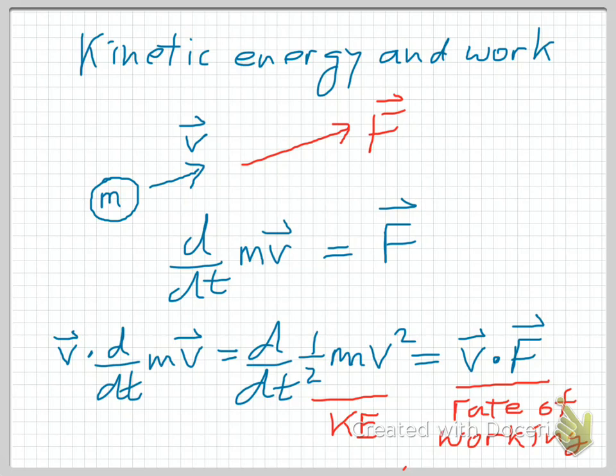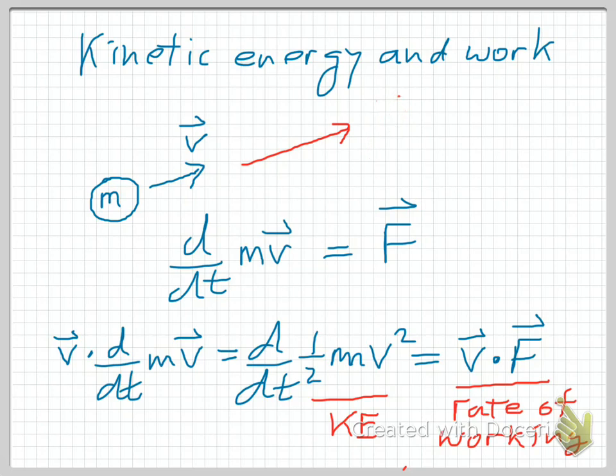Now, in this case, our force is acting in the same direction as the motion, so that v dot F, the dot product, will be positive, and that indicates that as the force continues to act, it increases the kinetic energy of the particle. Now, we could suppose that we have the opposite situation.